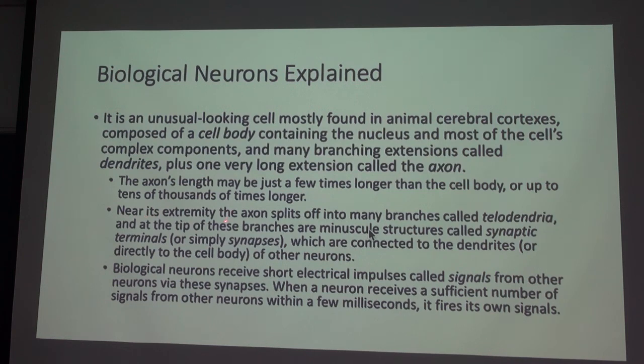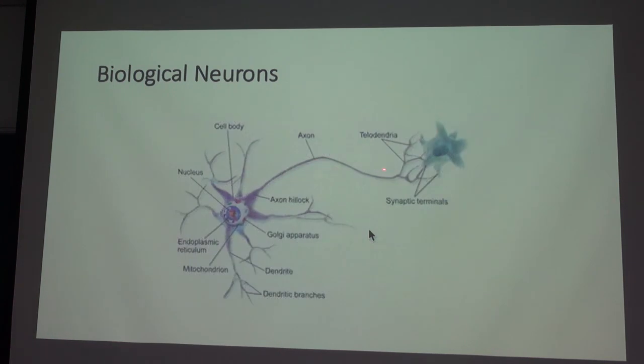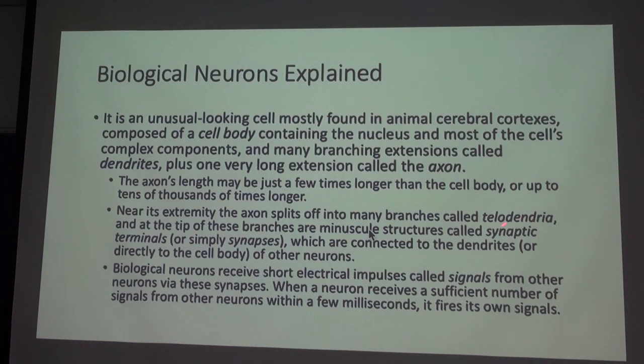Near its extremity, the axon splits off into many branches called telodendria.